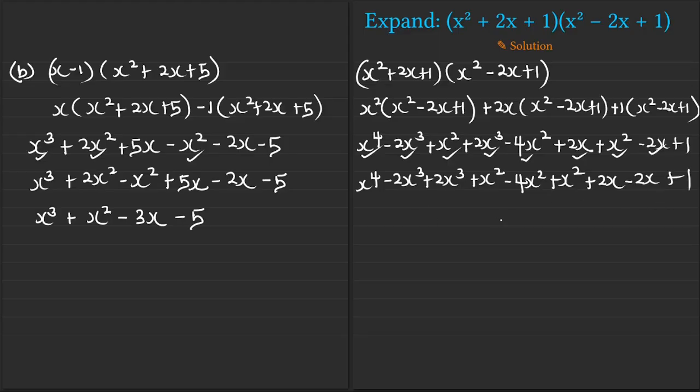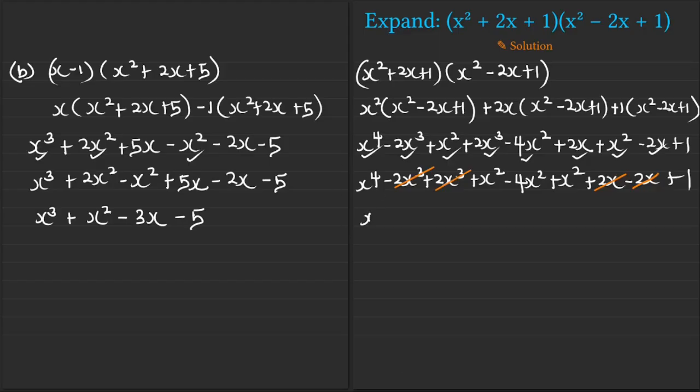Now, looking at it carefully, you realize that some are just the opposite of the other. And by so, I mean, for negative 2x cubed, it goes with positive 2x cubed. Then we have 2x taking out negative 2x. You see, so that makes our simplification much better.